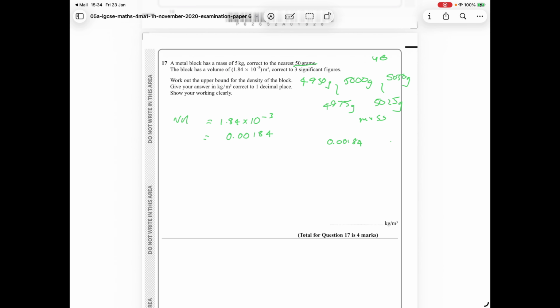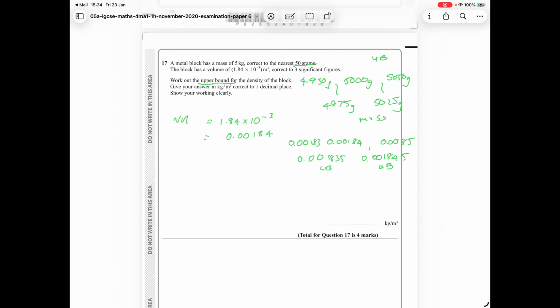So the upper bound would be 0.001845 and the lower one is 0.001835. So this is its lower bound and upper bound.